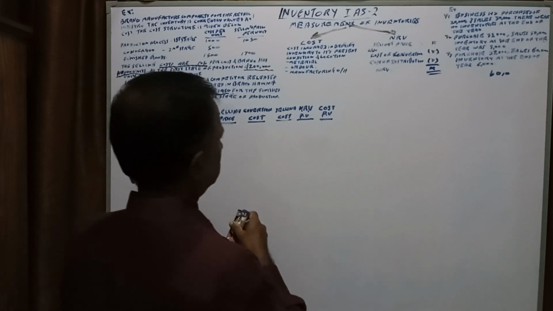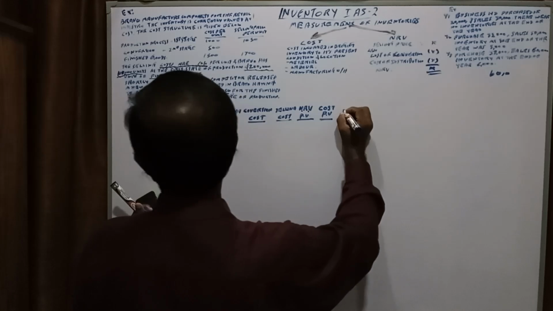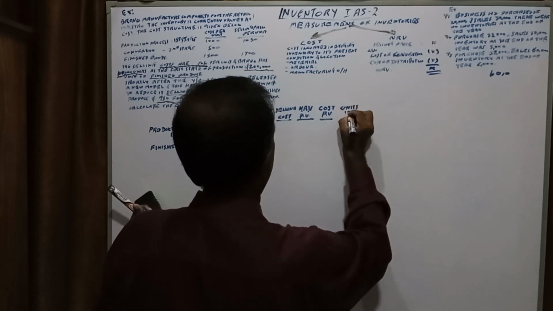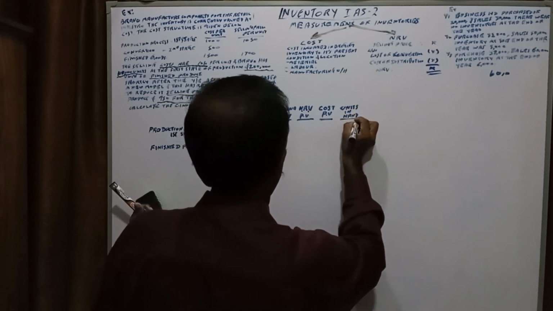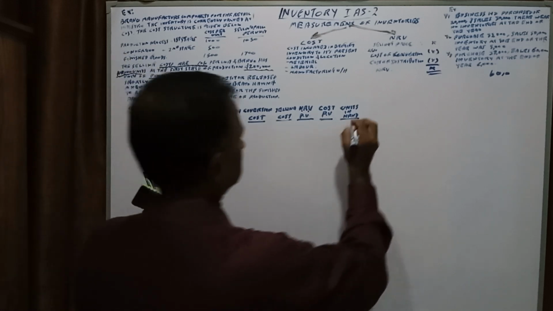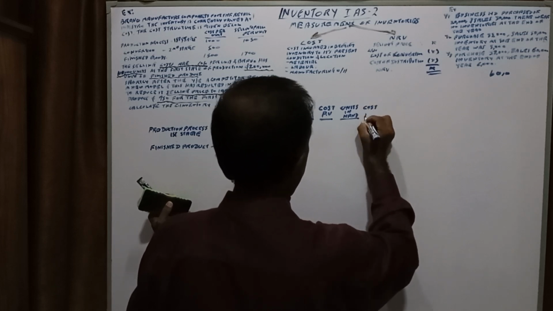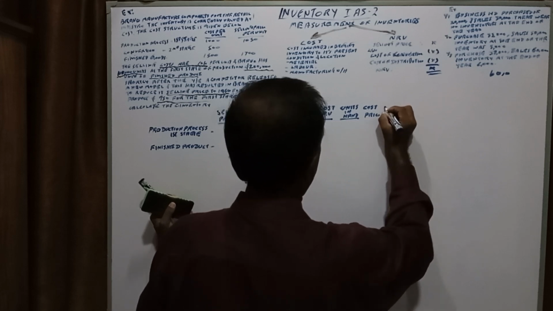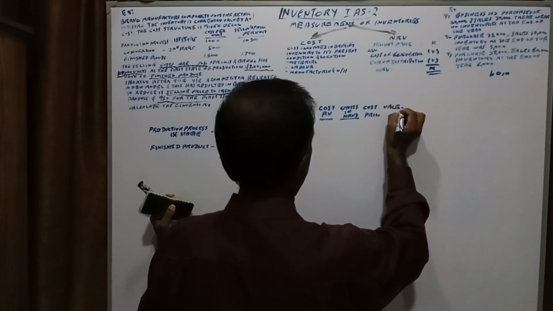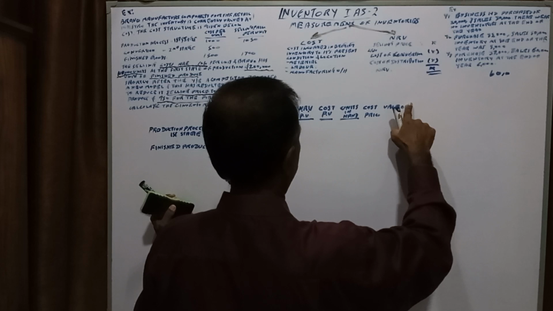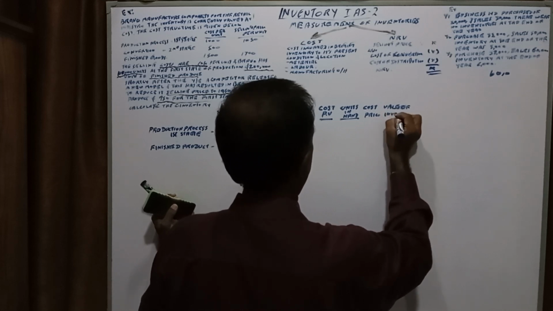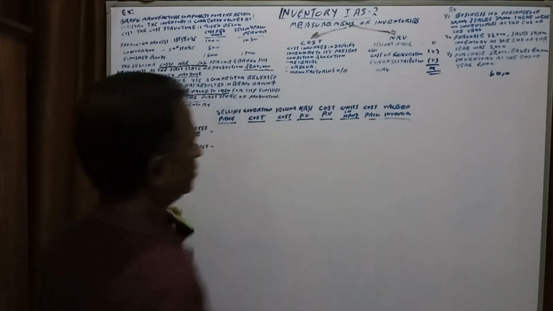Closing units, closing stock, units in hand, into cost price equal to value of total units, value of inventory, right?